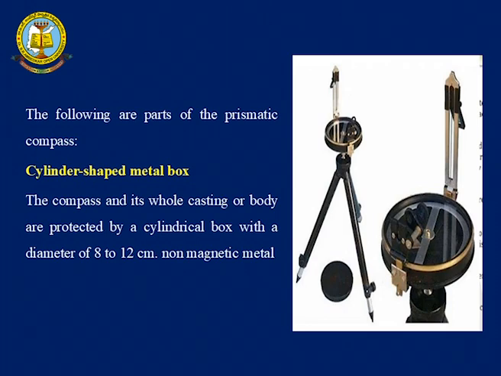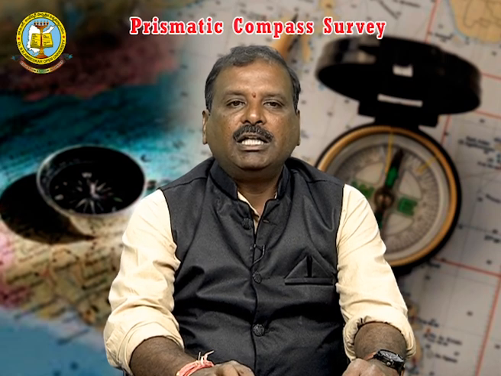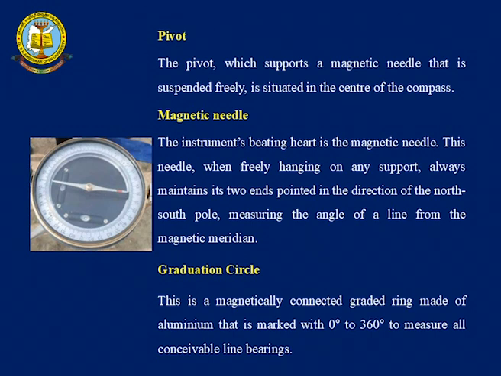The next thing is the pivot. Below the magnetic needle there is a pivot which supports the magnetic needle, suspended freely, and is situated at the center of the compass. We will discuss all these things in detail with the diagram.